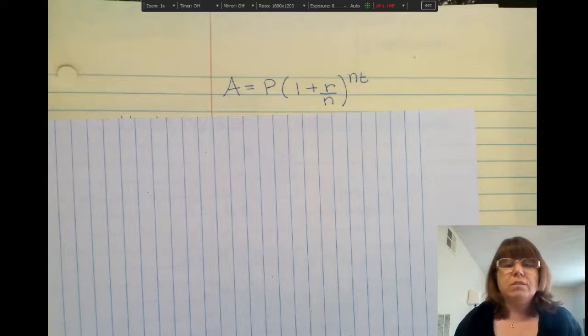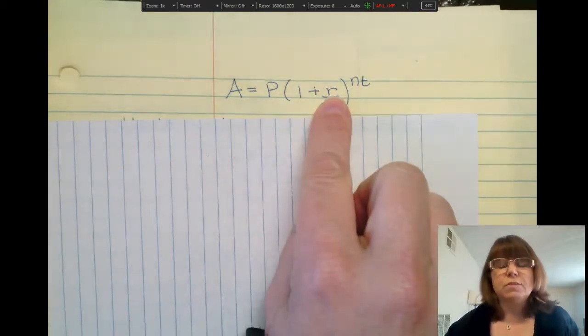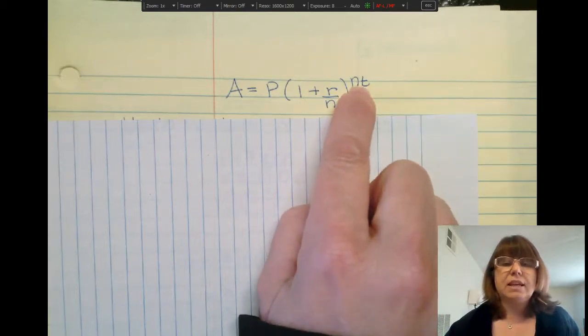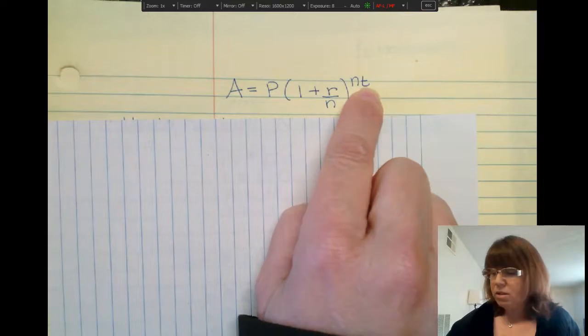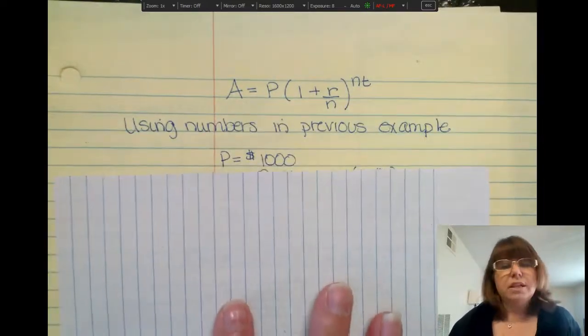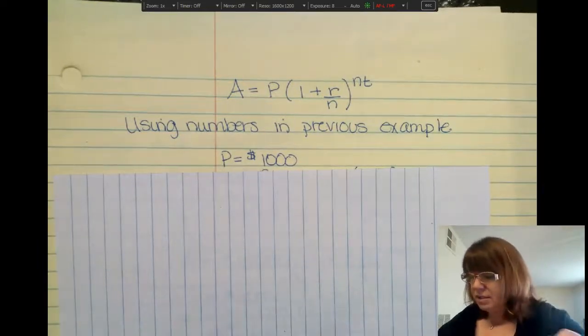So, A is for amount, P is for principal, R is for our interest rate in decimal format, n is for the number of times per year that it's going to be compounded, n again is the same n, and t is the number of years. So, using the numbers in our previous example, P is going to be 10,000.